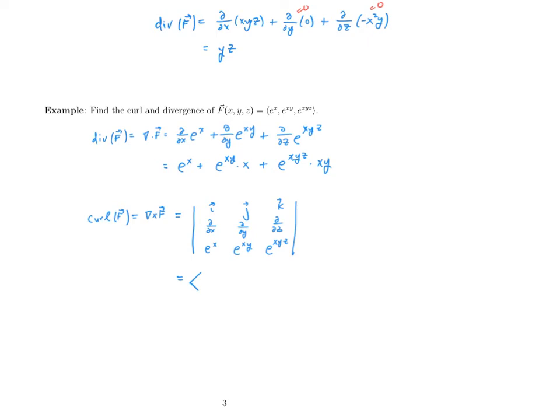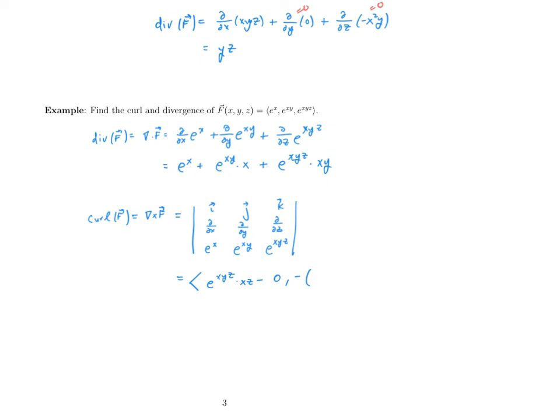For the curl of the vector field, remember that's del crossed with F, which gives us a 3×3 determinant to compute. So for the first entry, we cover up the i column, the i row, and we calculate the determinant of this remaining 2 by 2. Partial with respect to y of e^(xz) minus partial with respect to z of e^(xy). So that would be e to the xyz multiplied by xz minus 0. Then in the middle entry, we start off with that minus sign.